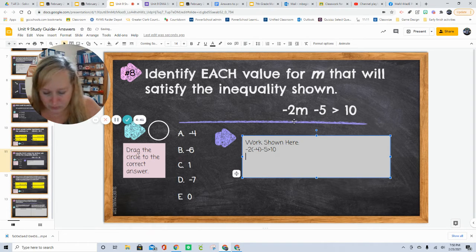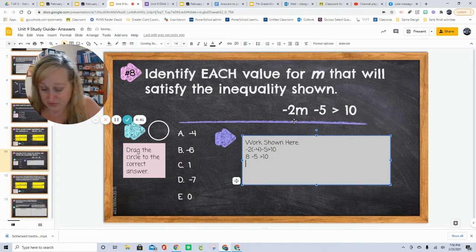So -2 times -4 is +8, minus 5 is 3. Is 3 greater than 10? The answer is no. So we could put a big fat X over this one.